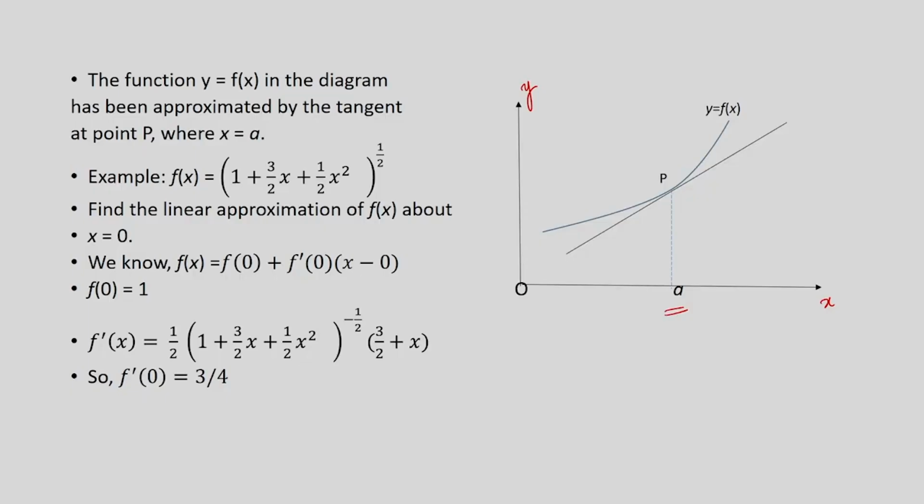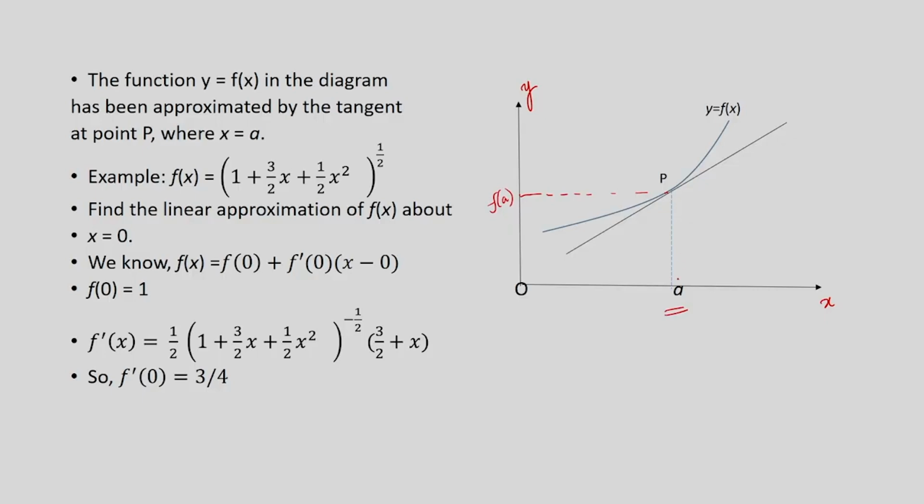At this point you have f of a, and you draw a tangent through this point capital P, and the slope of the tangent is known to us, it is f prime of a. Therefore, we approximate the curve around this point a by using the equation of the tangent. Okay, so that is what we are doing.